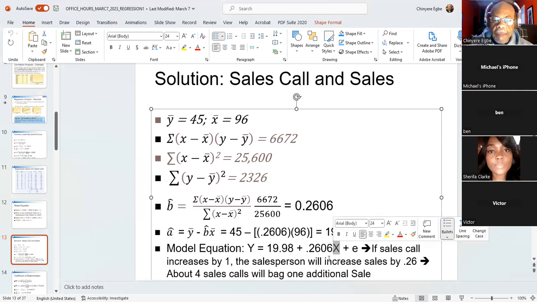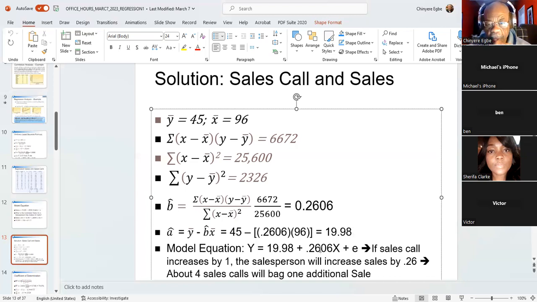Okay, but for each sales call you make, you're going to get 0.26 more. Could be 0.26 of 1,000, which is another $260. It could be 0.26 of a unit. So there, you're looking at chancy outputs. But nevertheless, it simply says that the rate of change is 0.2606.